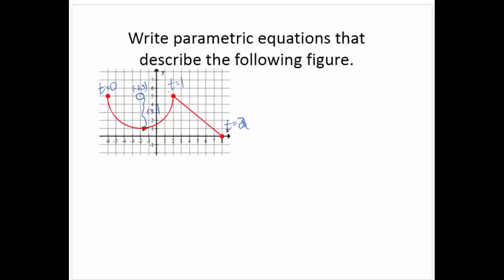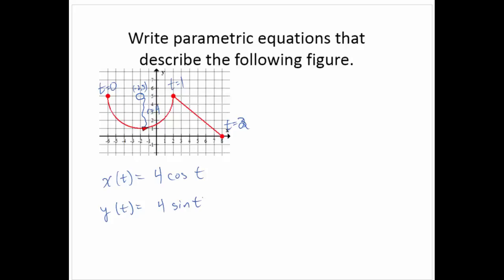So if I started with x of t is 4 for the radius, cosine t, and y is 4 sine t, I know that that describes a circle, but it's going to be centered at the origin.